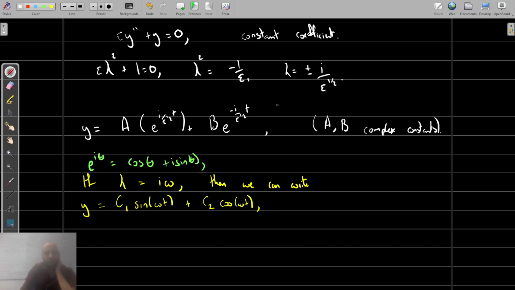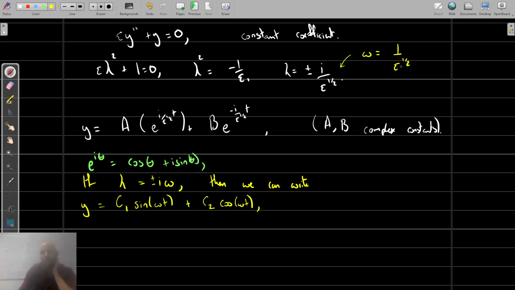So in that case, if we match them up, our omega here is going to be 1 over epsilon to the half. I'm just going to add a plus or minus there, just to make it clear; we could always get a plus or minus.